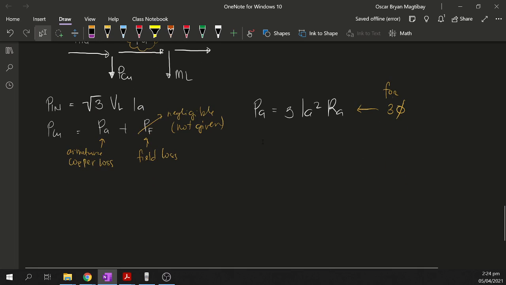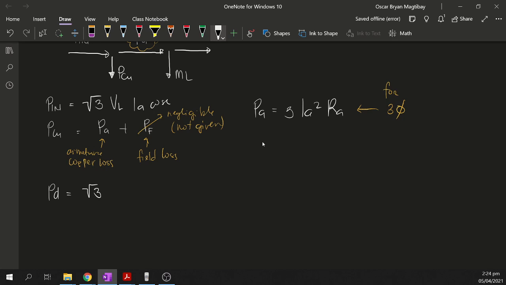For 3-phase. Pag single phase, syempre wala yung 3. Sa mga tuwid, when we want to get for PD in this particular problem, PD is equal to square root of 3. Ay, sorry po. Ang PE natin may kulang pa. Cosine theta. Nakalimutan natin pala si cosine theta. Kasi kung VLIA lang yan, that is S in. Ano? So, this is VLIA cosine theta minus 3 IA squared RA.